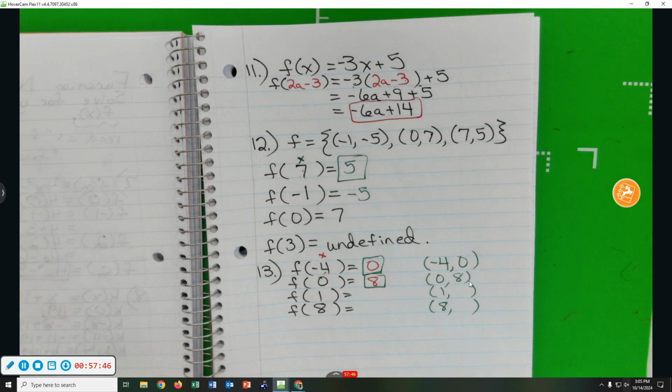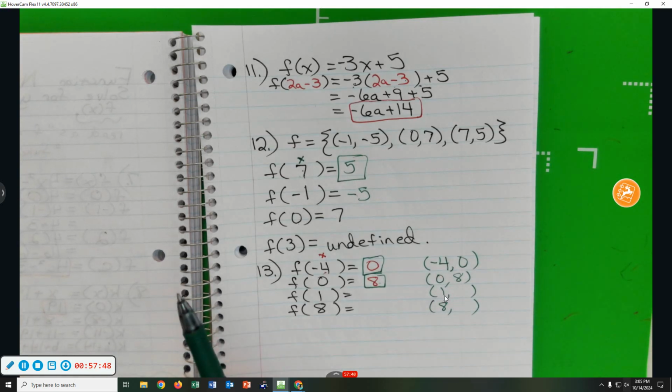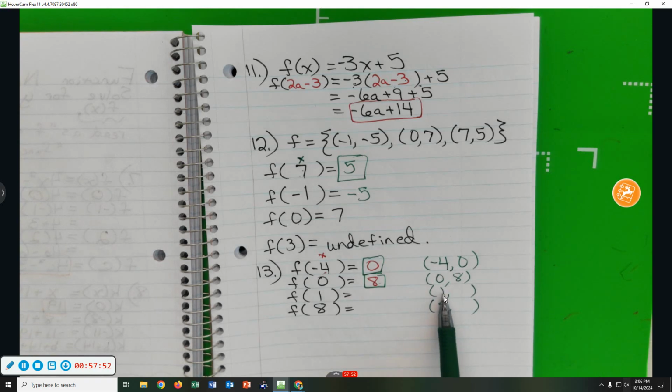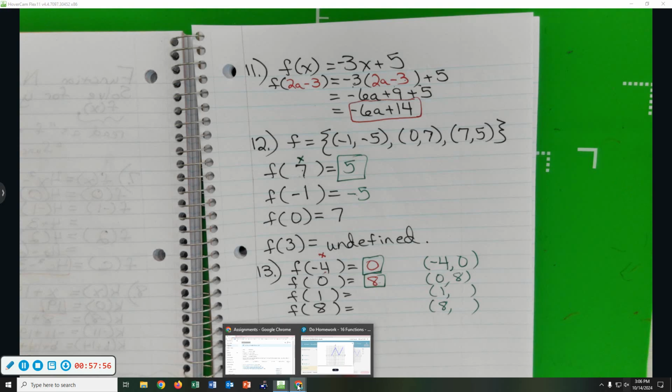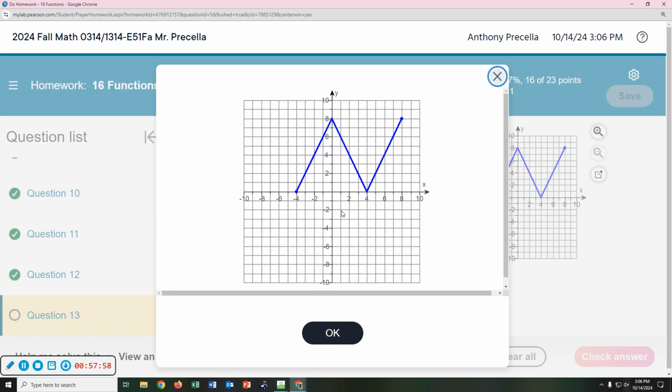What's the y value of the point? That's what it's asking. Fill in this ordered pair. When x is 1, look at the graph and see the y value. Let me see. When x is 1... Count up. Is that 6? Can y'all see it? Do I need to make it bigger?